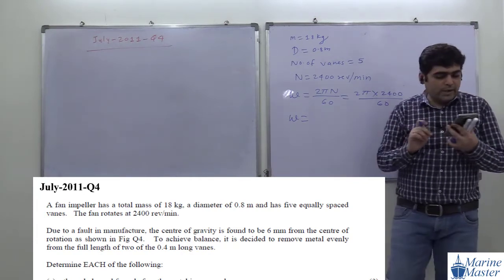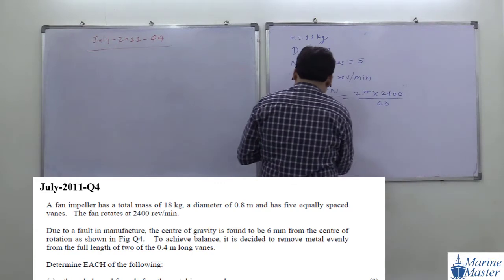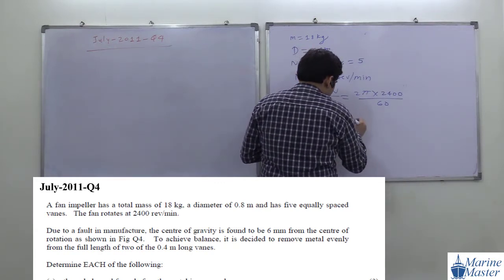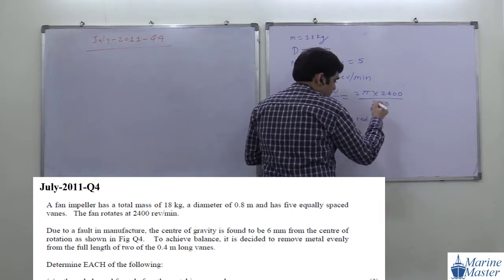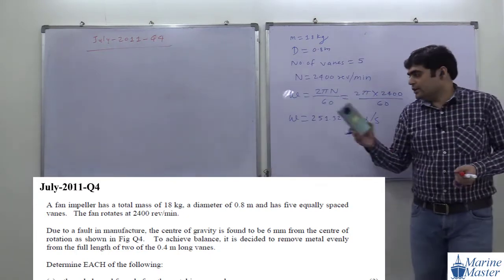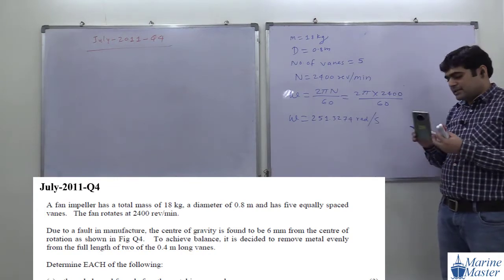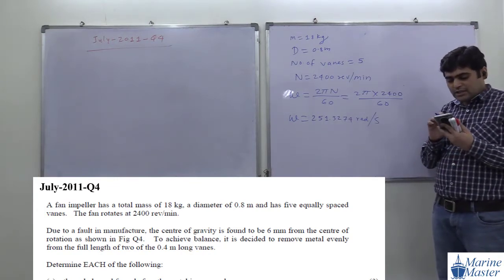Omega is 251.3274, and the unit is radian per second. So we got it.